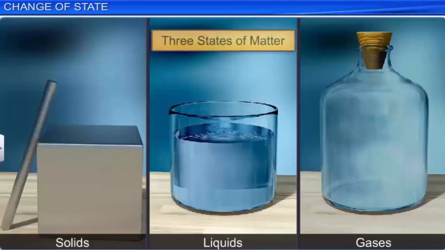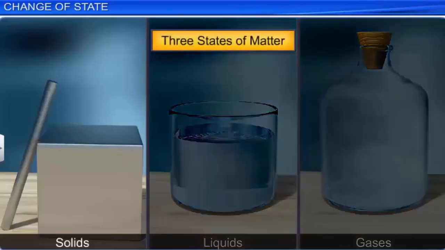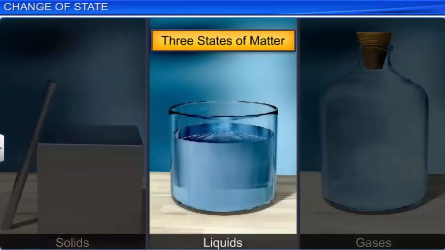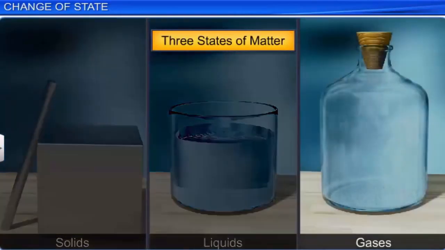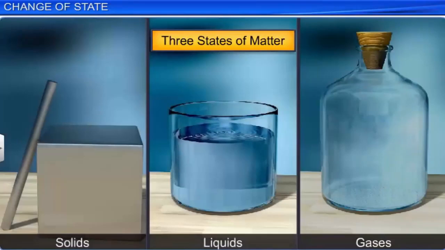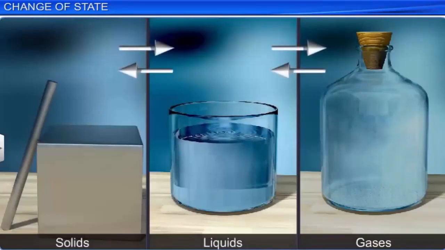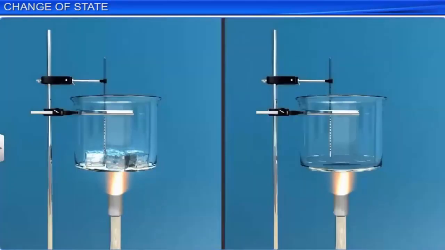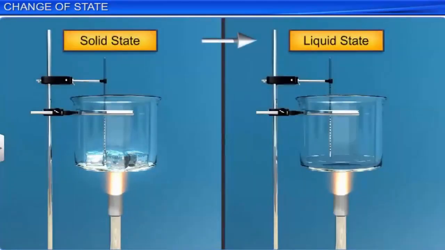Matter exists in three states: solids, liquids, and gases. The transition of matter from one state to another is called change of state. The change of state from solid to liquid is called melting.